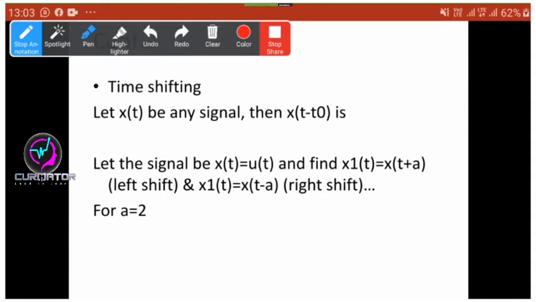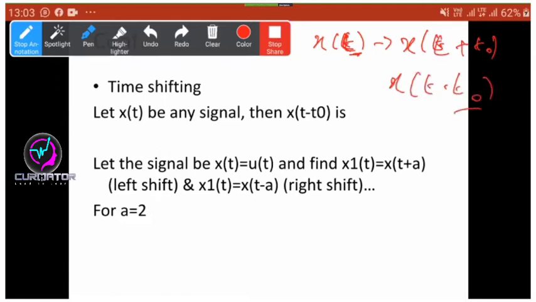In time shifting, if we have a signal like x of t, if we add or subtract, that means if we do additive operation with any scalar value with this time factor, it gives time shifted version. It can be x of t plus t naught or x of t minus t naught. This t naught can be any scalar value.